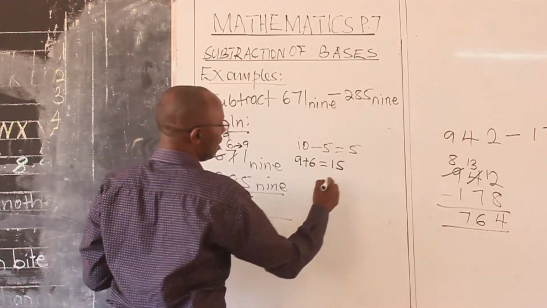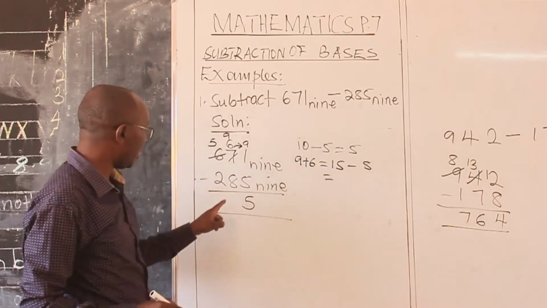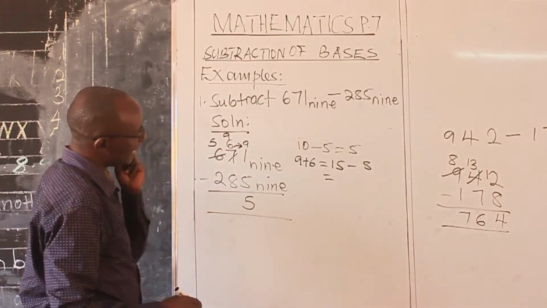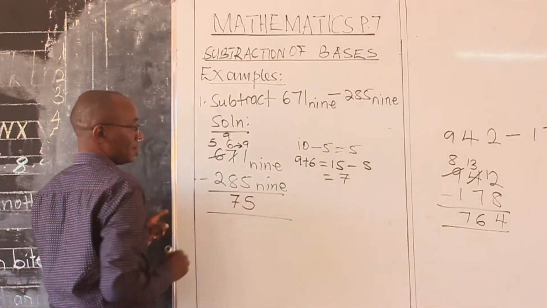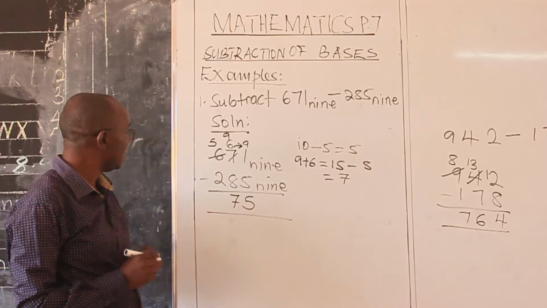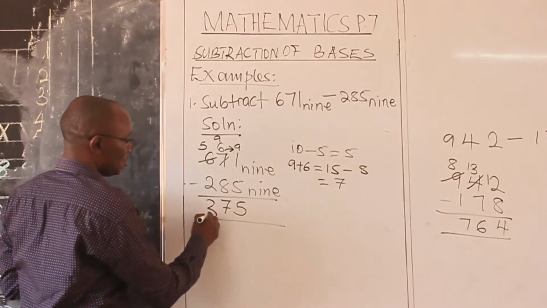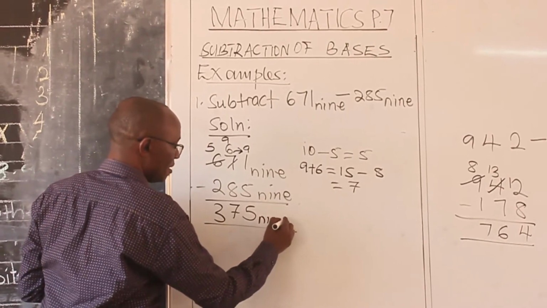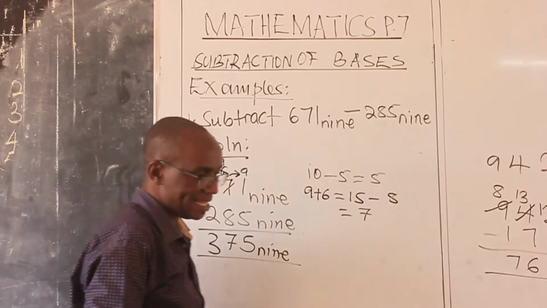Now 15 take away 8 is 7. So I write 7. You must be following. Now 5 minus 2, I get 3. So my final answer is 375 base 9.